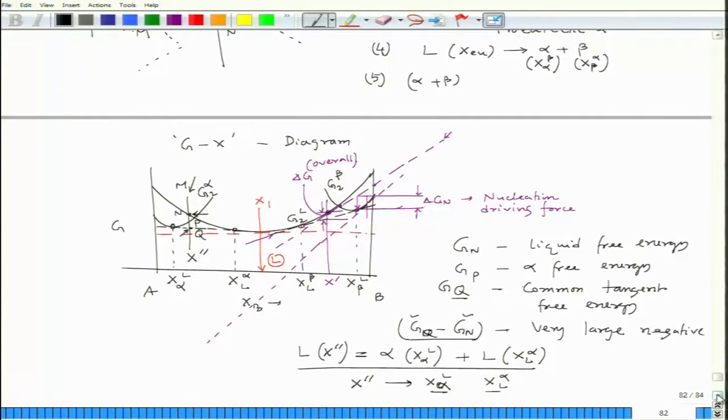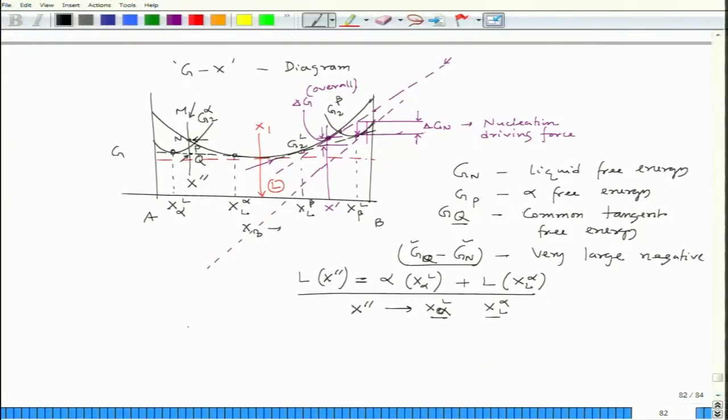But interestingly, if I look at Gp minus Gn, this is also negative. That means there is a possibility of alpha formation, and if alpha forms, that time the alpha composition would be nothing but X double prime.